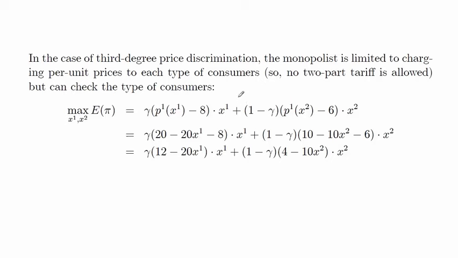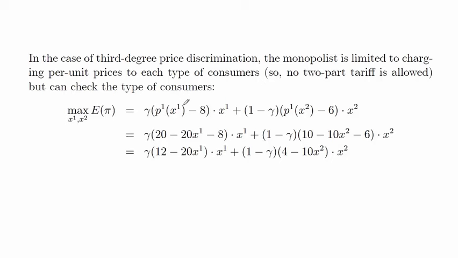So this is going to be this profit added to 1 minus gamma multiplied by the profit of the type 2 consumers, right? So we maximize with respect to x1 and x2, finding the optimal quantities, the profit maximizing quantities for the monopolist.